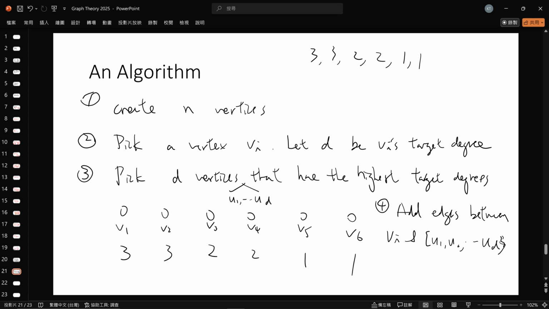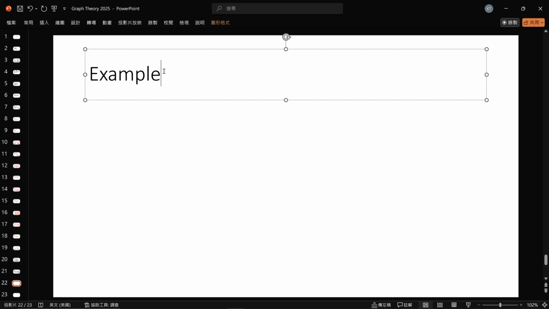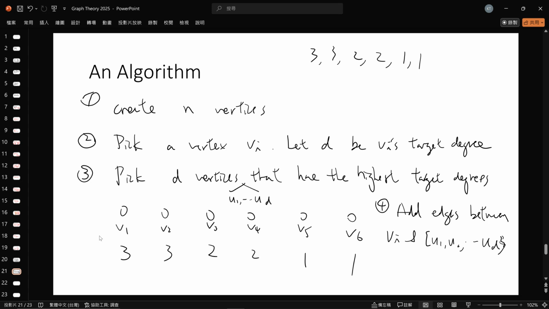All right, so let's try to apply this algorithm to this example. Before I even begin this algorithm, I want to first focus on step 2. In step 2, we need to first pick a vertex. So which vertex?